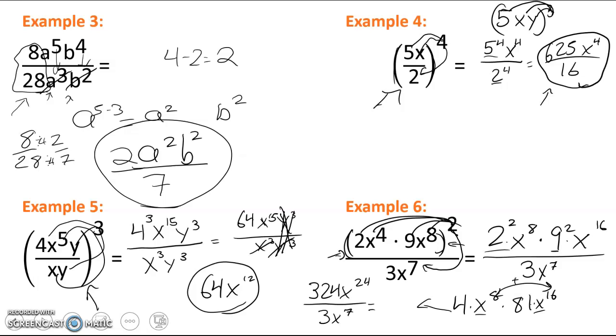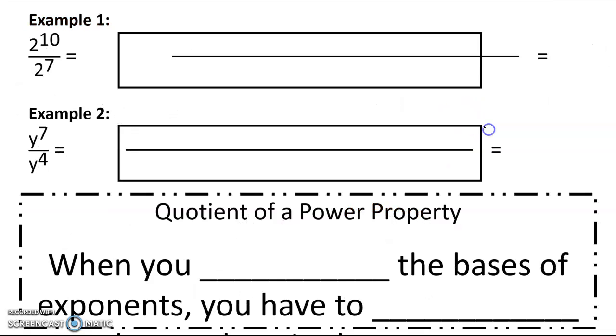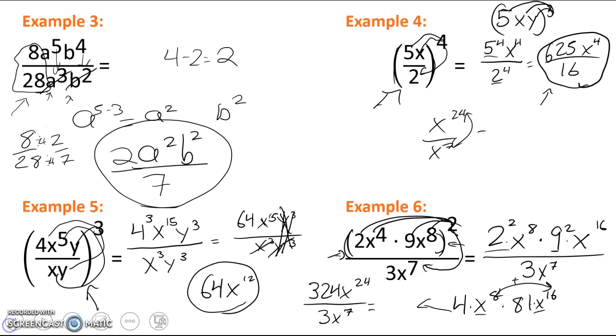Now it's turned into a division problem, and I'm actually going to write the final answer up here when I do this. I've got the x to the 24th over x to the 7th. And again, I've got similar bases, so what I'm going to do is just subtract those exponents. So it turns into 24 minus 7, which turns into x to the 17th power, which gets rid of the fraction and moves it to the top.